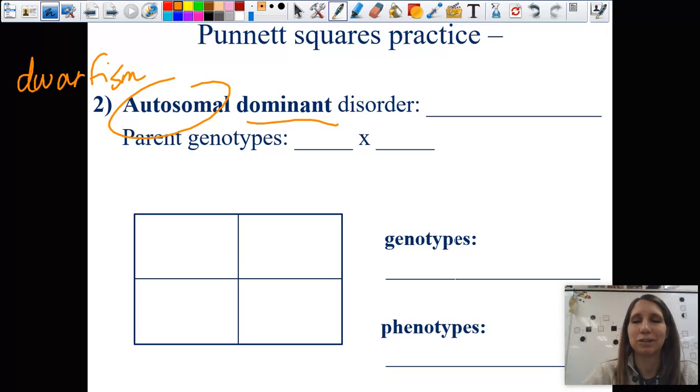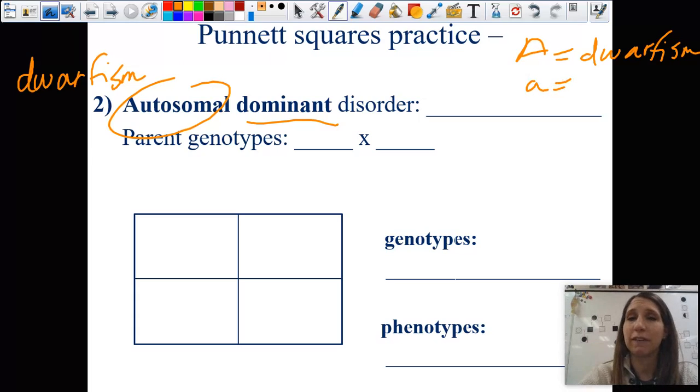We could still use the same letters, or you could change it to D's or whatever you want. I'm going to stick with my A's. But now my big A is going to represent dwarfism, or disorder, and my little a is going to represent unaffected, or no disorder.